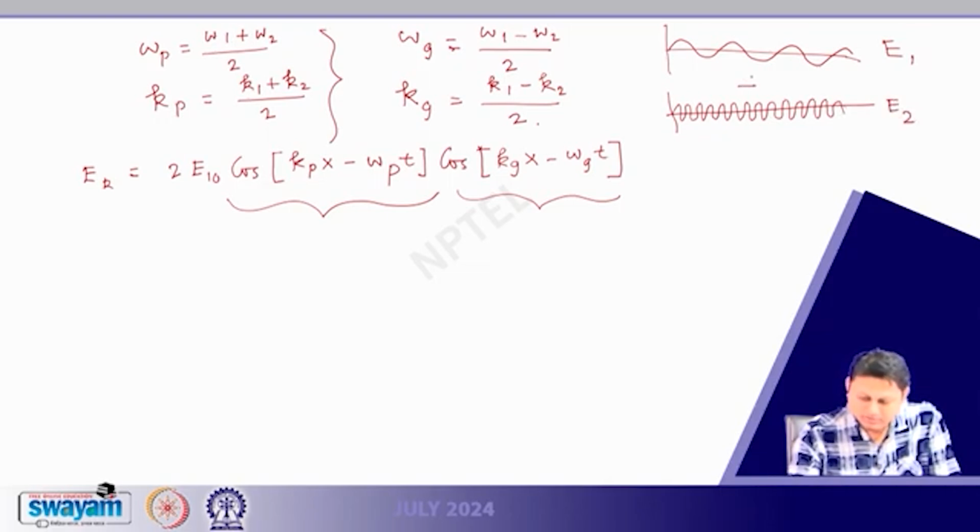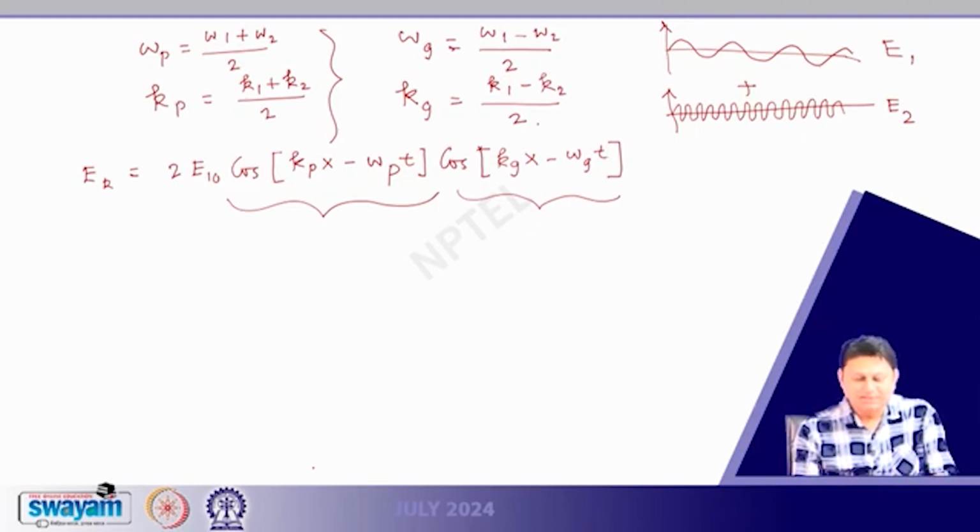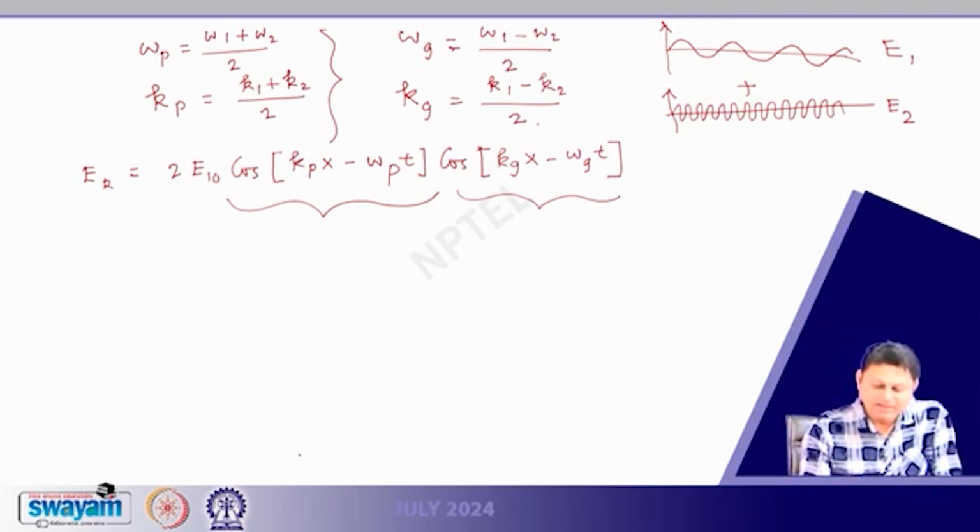What we did is we add these two using the superposition principle, that is, we simply linearly add these two, and I get two waves with the multiplication of this cos function, suggesting that this resultant wave is also propagating because it has the kx minus omega t form.